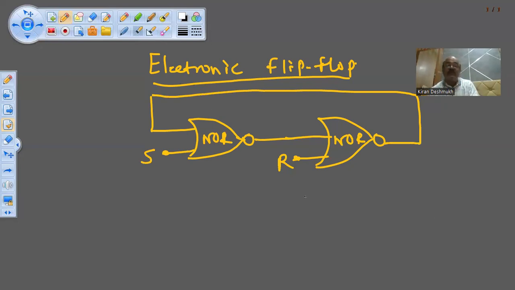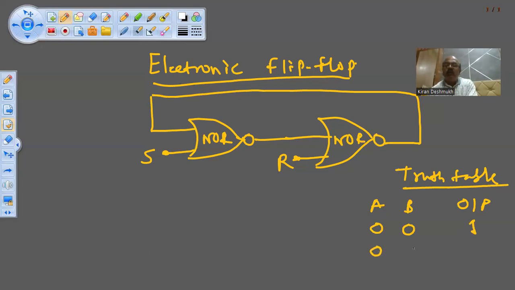Now, before we discuss this flip-flop, we must know what is the truth table for the NOR gate. When both the inputs are 0, 0, the output is 1. When one input is 1, the output is 0. When the second input is 1, output is 0.